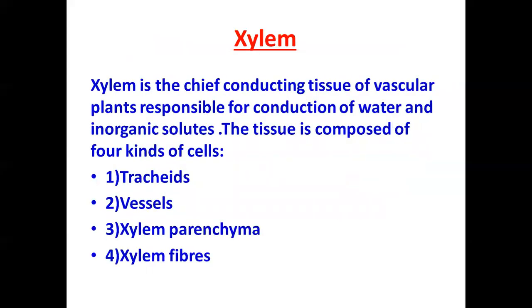Now, what is xylem? Xylem is the main conducting tissue of vascular plants, responsible for conduction of water and inorganic solutes. The tissue is composed of four kinds of cells: tracheids, vessels, xylem parenchyma, and xylem fibers.